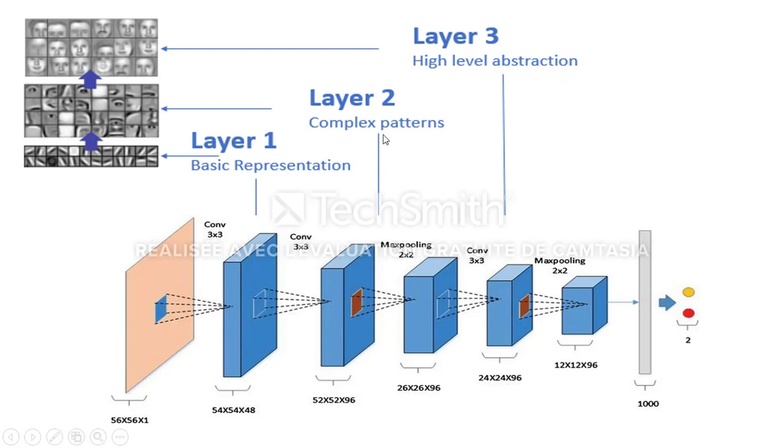The second has the complex patterns, and the third has the high level abstraction. As the network goes deeper, it cares about the details and the actual content of the image, not just the pixel values.